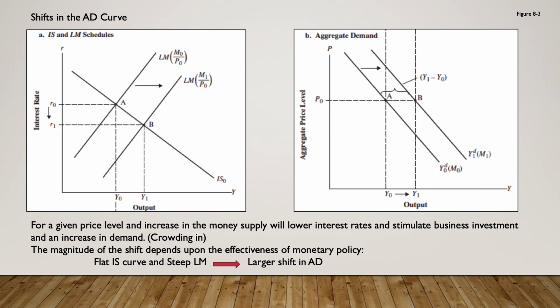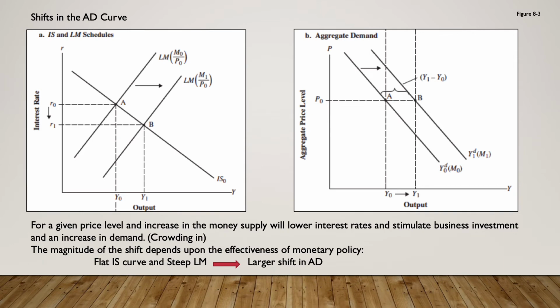Now we have a shift in the LM curve, and this moves us from LM characterized by M naught, P naught to LM characterized by M1, P naught. This is an increase in the money supply, and as we know, an increase in the money supply shifts the LM curve to the right. For a given price level, an increase in the money supply will lower interest rates and stimulate business investment.